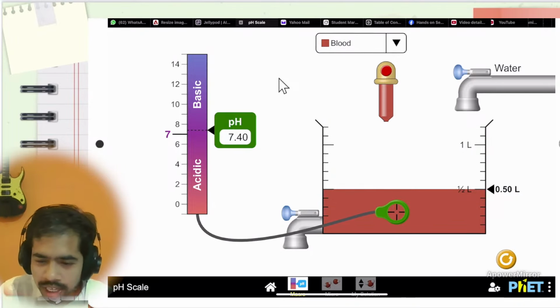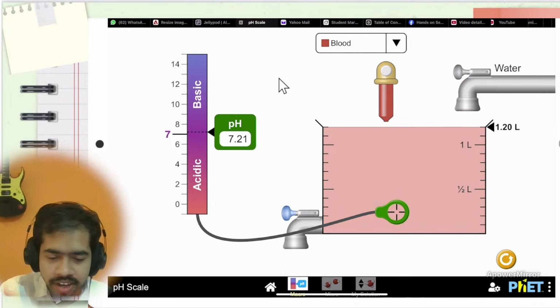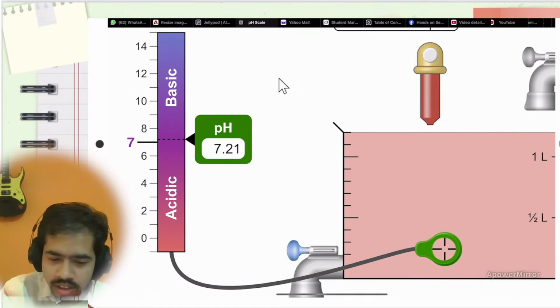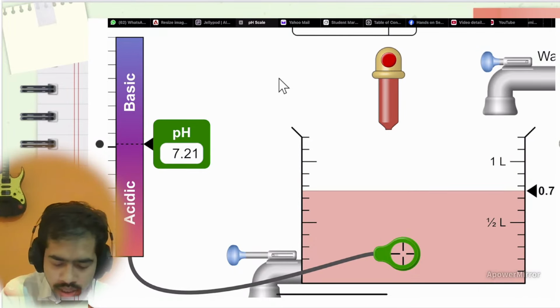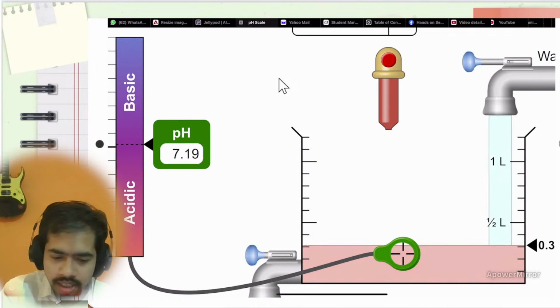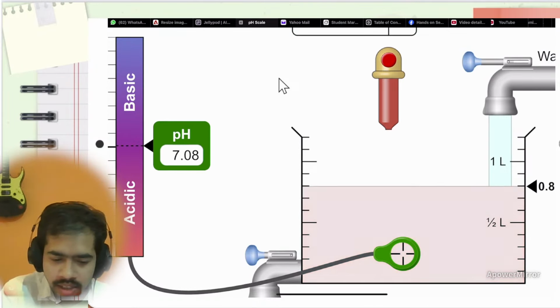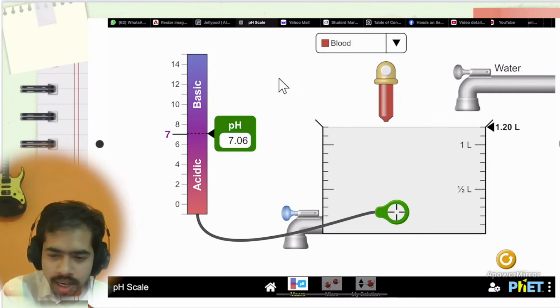Okay. We can also dilute. We are adding water. See, the pH is changing. There is a difference. If we add more water, we can see the pH will decrease again a little bit. See? Yeah. Now we can add more blood.